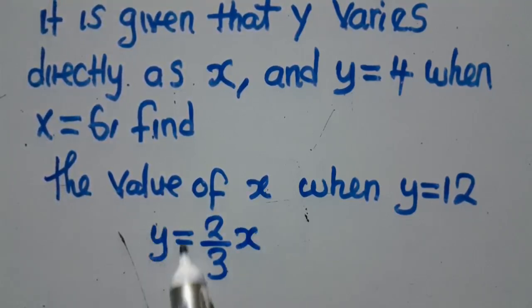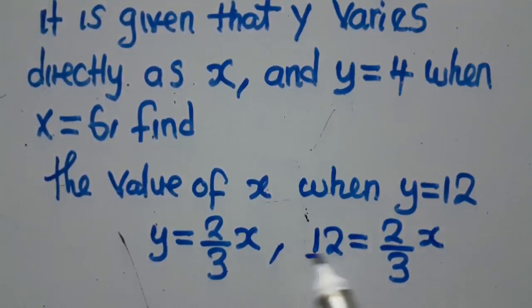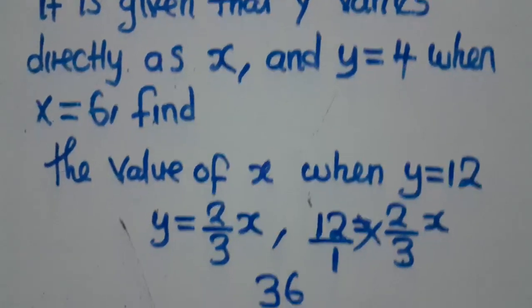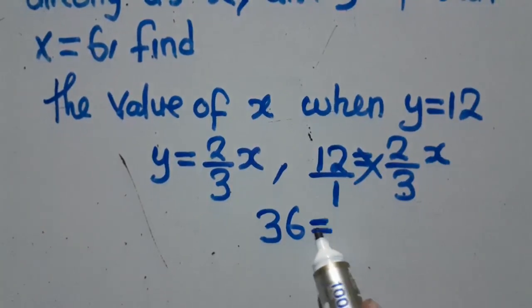You know that y is 12. So this is the same as 12 is equal to 2 over 3 times x over 1. Then cross multiply. What is 12 times 3? That is 36, which is equal to 2x.